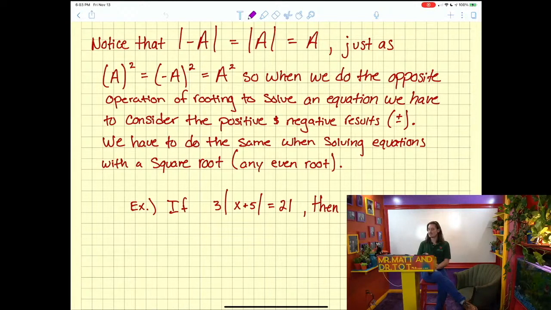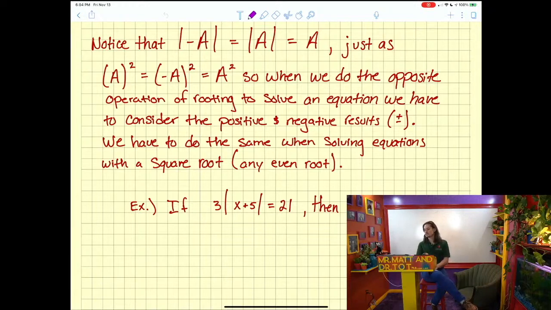In the same way, when we do the opposite operation of rooting, when we solve the equation that has an exponent of 2, we're going to have to consider the positive and the negative results. The same thing is true for absolute value functions, but instead of taking the square root to do the opposite of squaring, now we're just going to be removing the absolute value bars that already exist in the equation. But in order to do that, that requires the process of considering both the negative and the positive outputs.